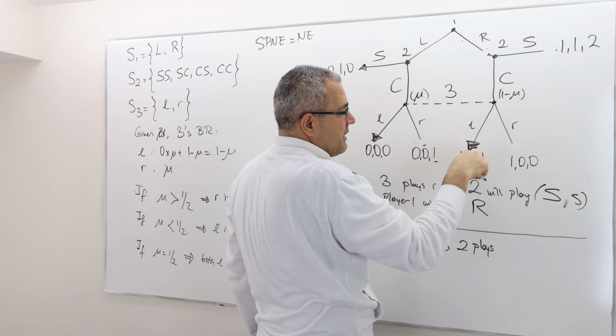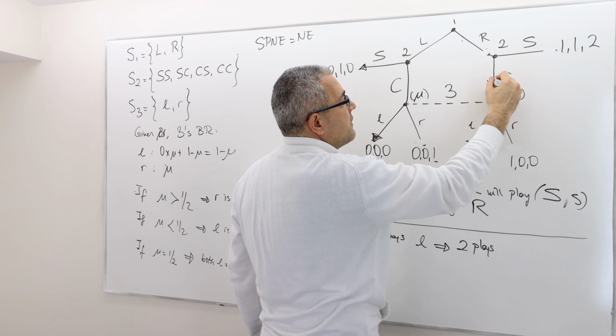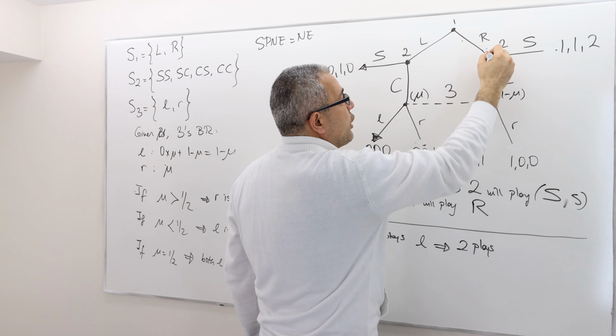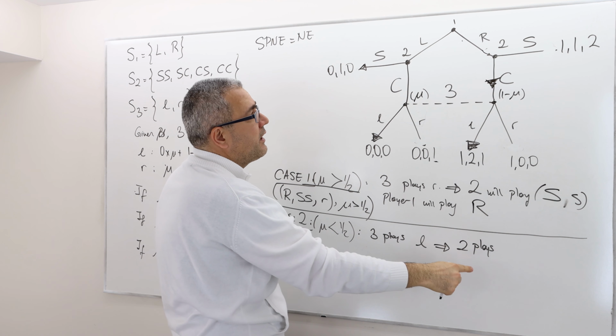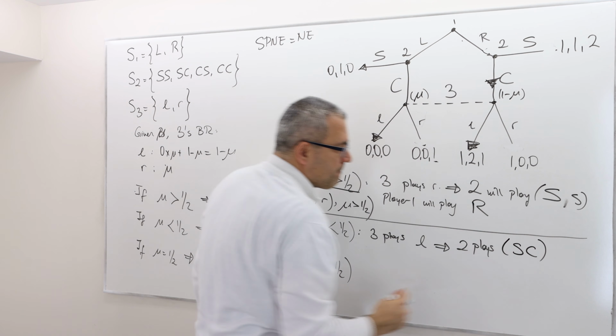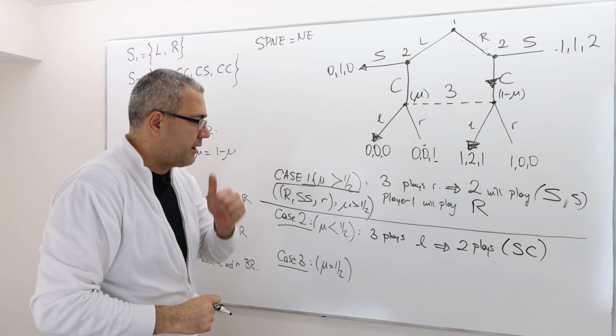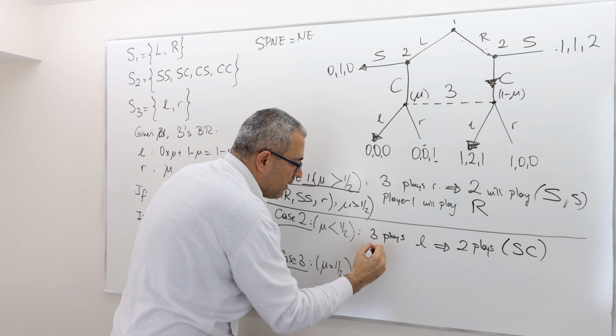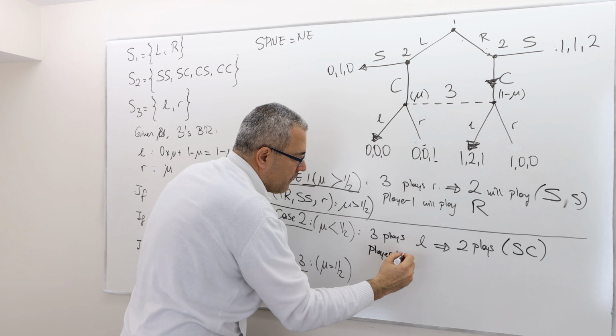If he chooses C, he's going to get 2. So you know what? He's going to choose C. Good. So player 2's strategy is S here, C here. So it's SC, not SS.